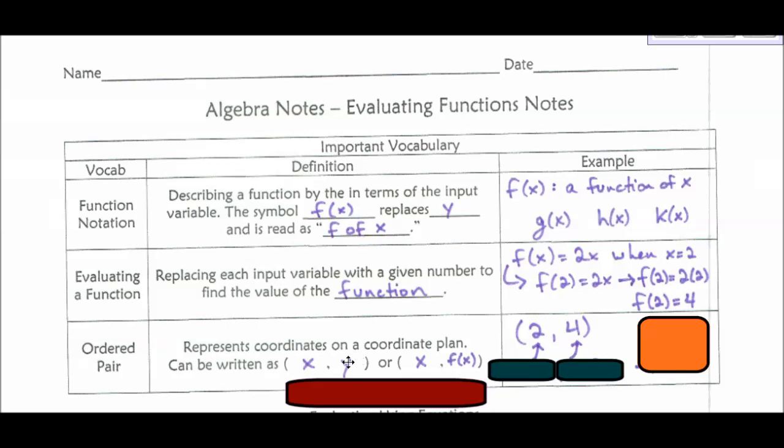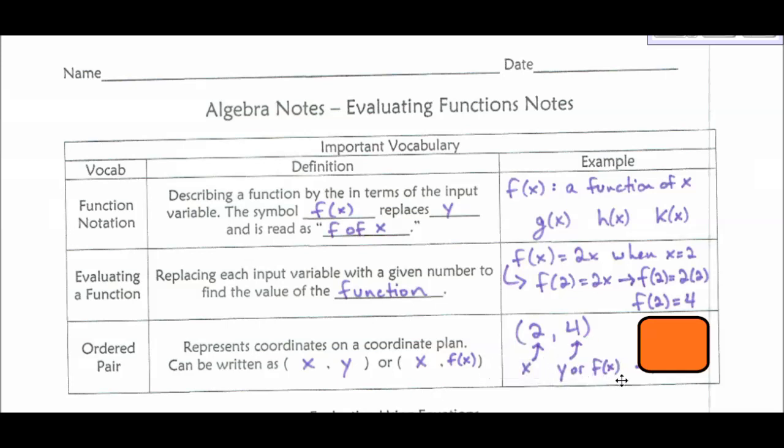X comma y, or x comma f of x. Those are representing the exact same thing. These two things are interchangeable. And again, it's not saying f times x, it's saying a function of x. It's just describing the output of that function for x. So that's our x, that's our y, or f of x, and it really just represents coordinates on a graph. That's 2, 4.